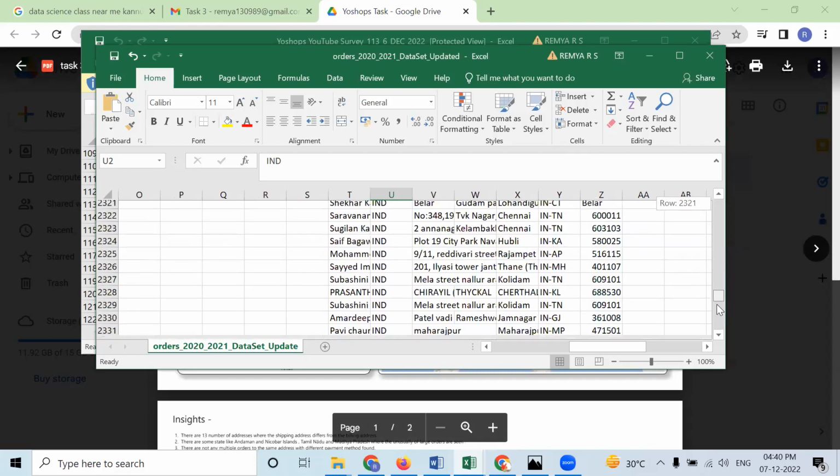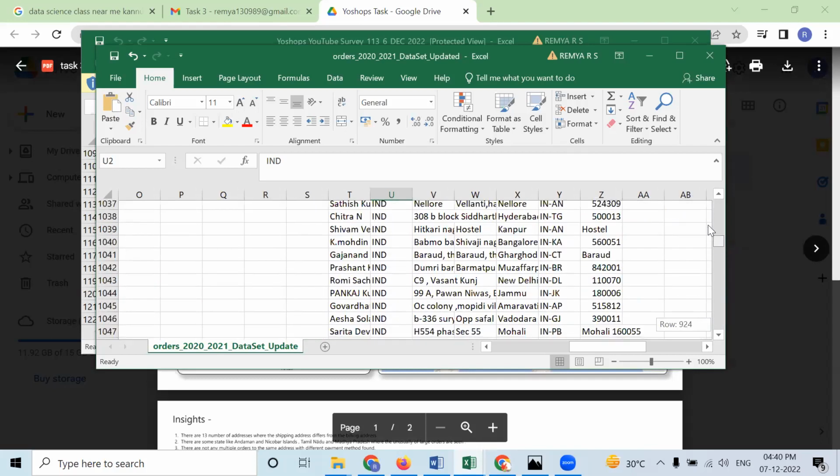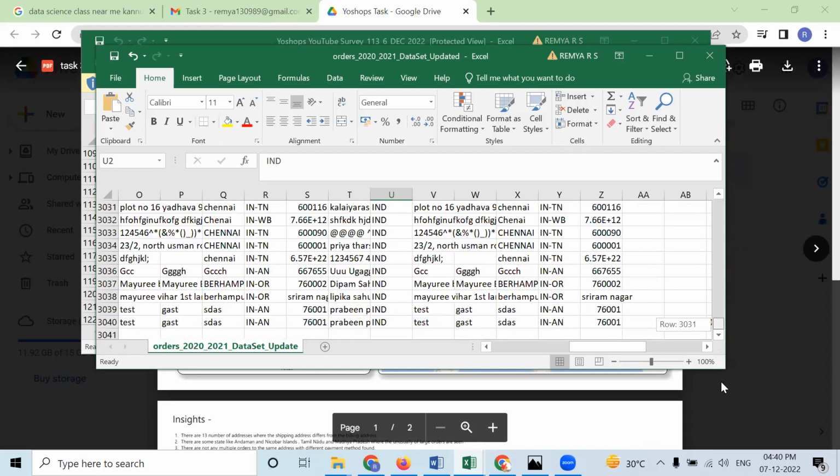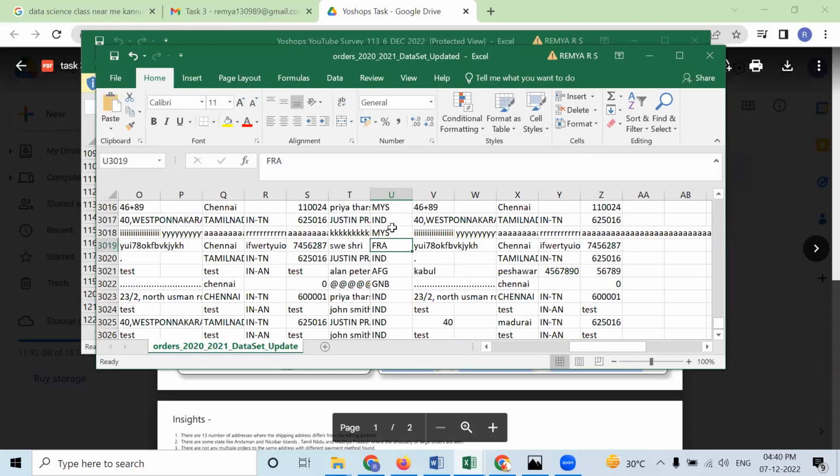Okay, ma'am. Like in this, there are some orders, it is not shown over here. You can see FRA, MYS, AFG, GND. Other than IND, they come under the international orders.